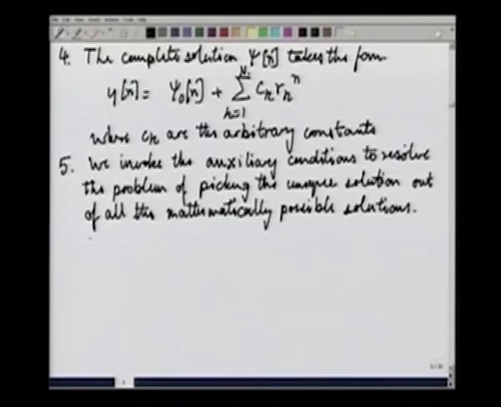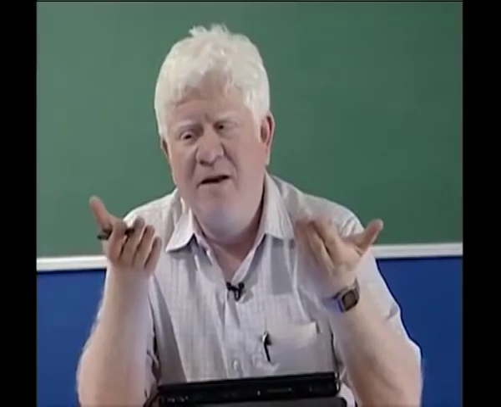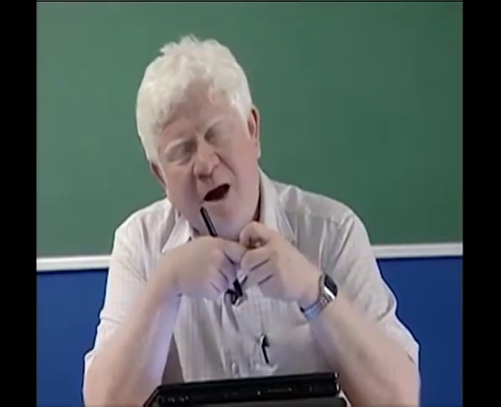For the case of a first order equation, only one auxiliary condition is required, and that auxiliary condition will be in the form of the value of the solution at some arbitrary instant of time, just like it was the value of the capacitor voltage at some arbitrary instant of time.